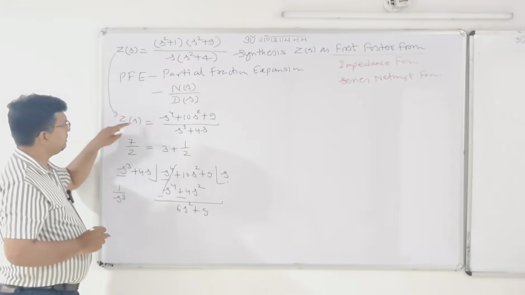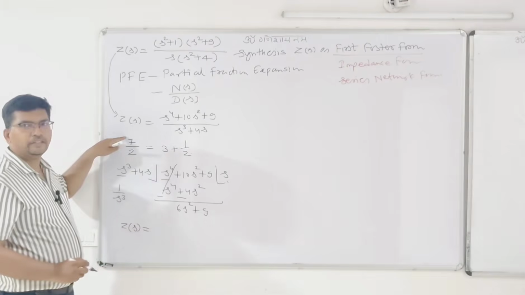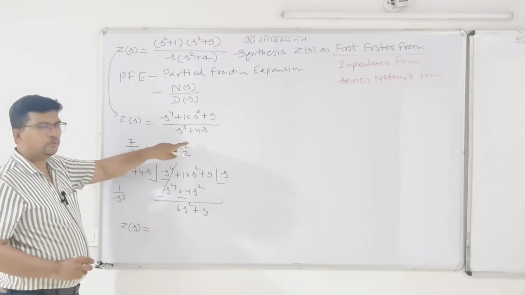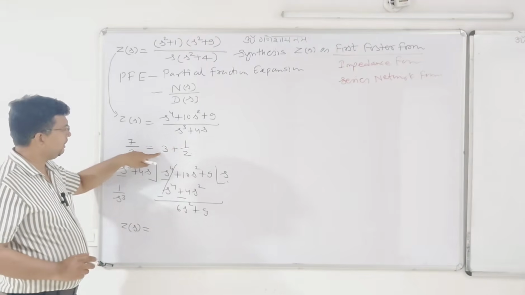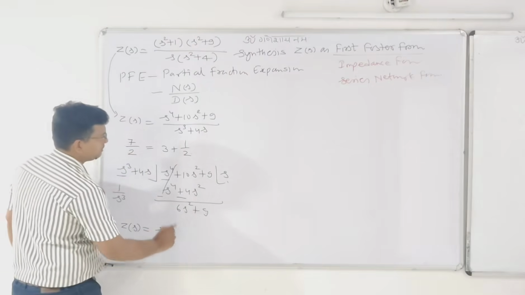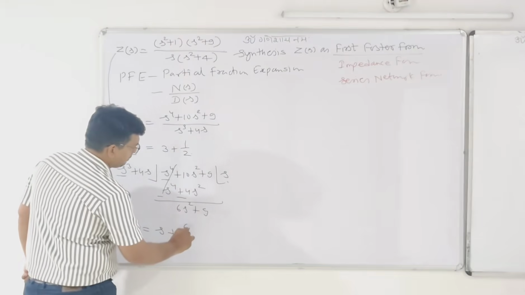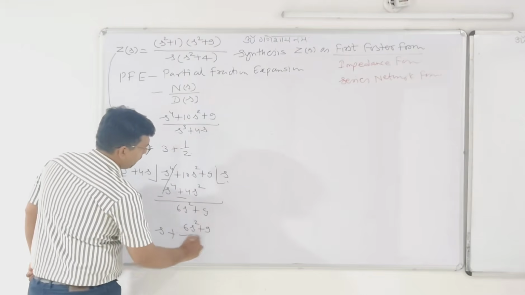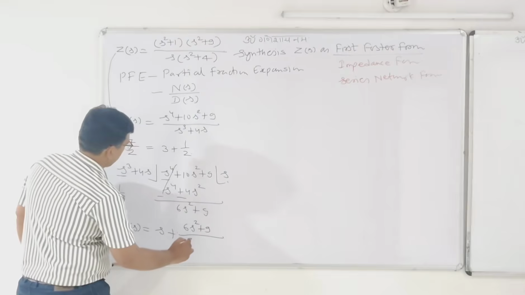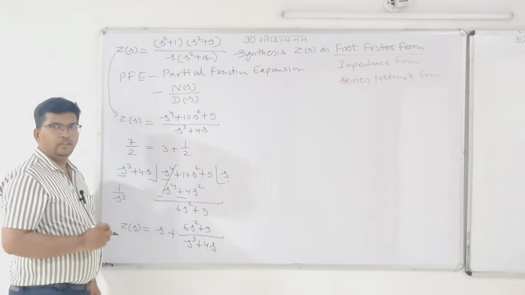So basically this Z(s) can be written similarly to 7 by 2, that is 3 plus 1 by 2. Here the 3 is the quotient. So here our quotient is s, plus the remainder 6s^2 + 9, divided by the divisor, that is s^3 + 4s.